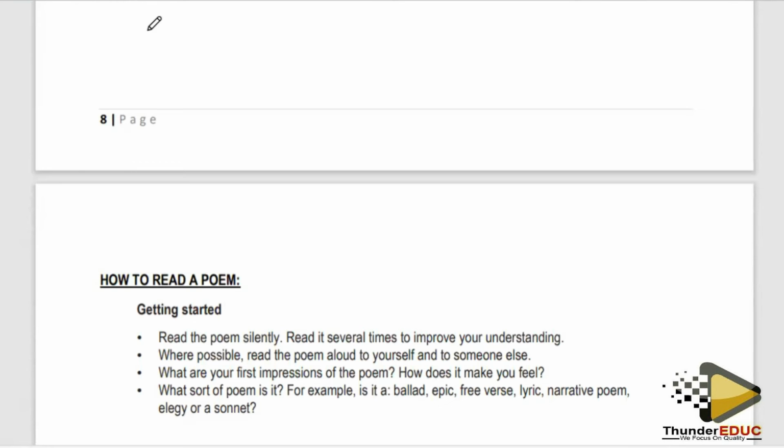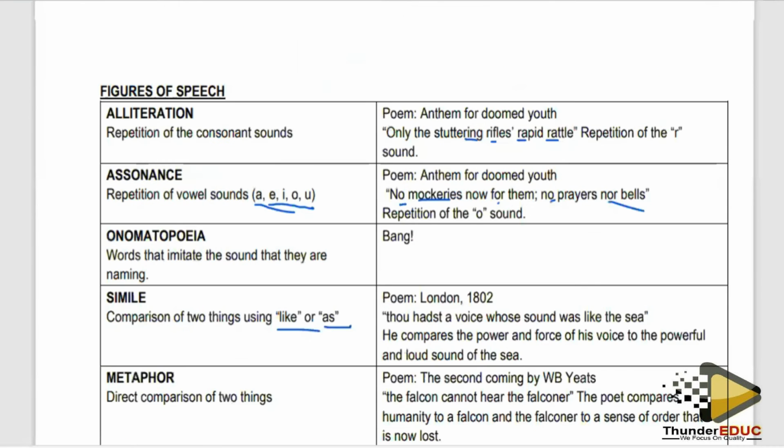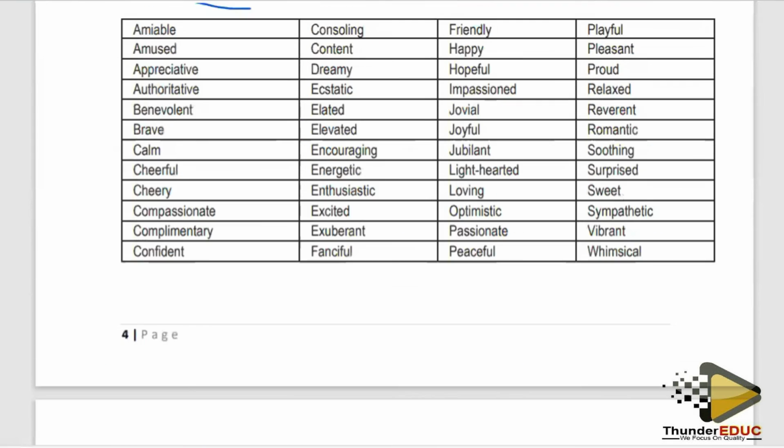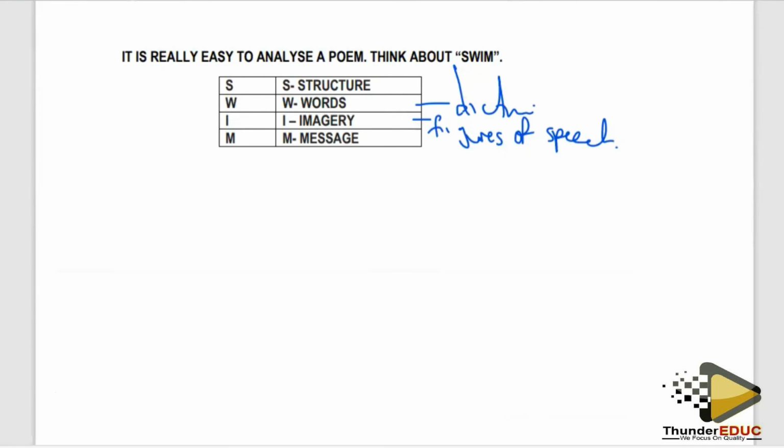Now let's go back a little bit to our acronym that we are using to analyze poetry. We said when we're analyzing a poem, think about the structure, think about the words, think about the imagery, think about the message, so that you'll be able to understand.